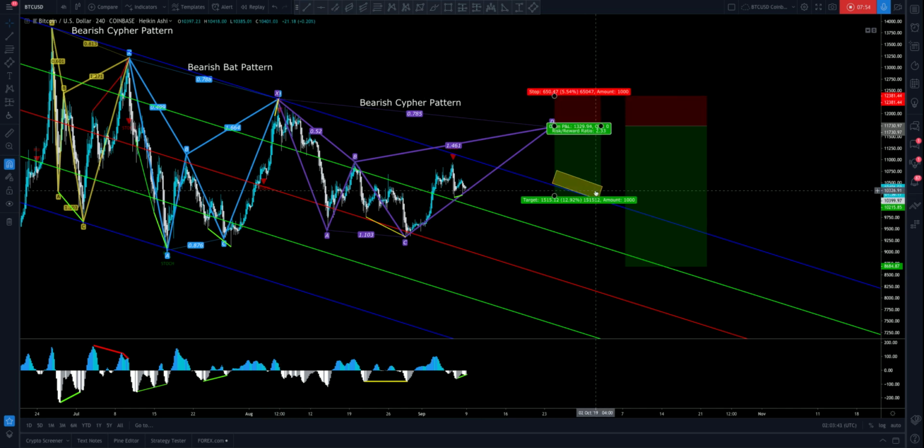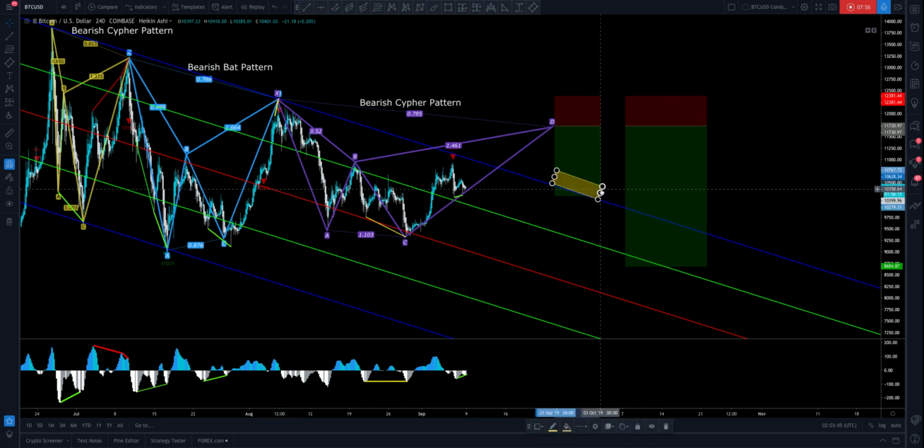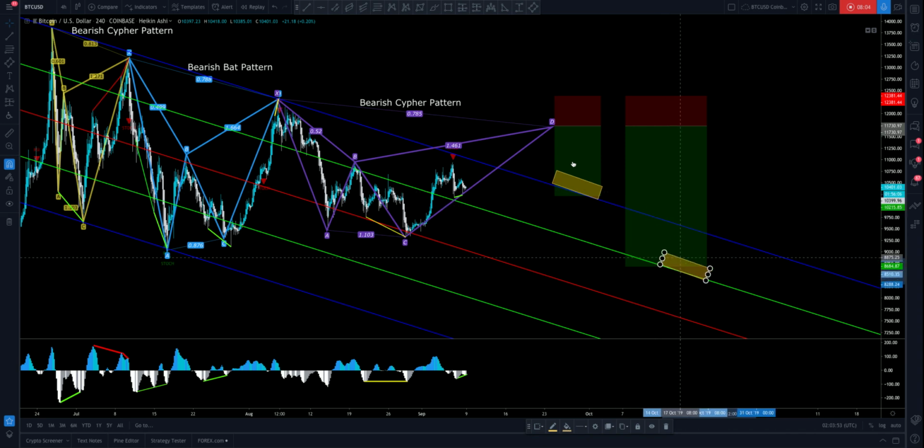But again, what I mean with these targets is you can see that first one really tested that fib channel, and this second one here could be testing the 0.25 of the fib channel. This would not be far-fetched.